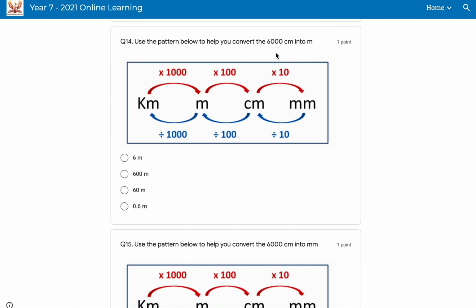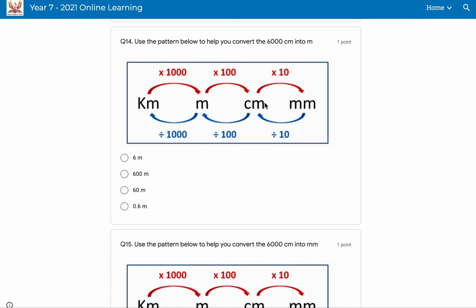Okay, again, this time we've got centimeters and we're going to meters. We're converting to meters. So we're starting over here at centimeters and we're going over here to meters. So we need to follow the arrow that takes us to meters. So we're not going backwards up this arrow. We're going this way with the blue arrow. Centimeters to meters.